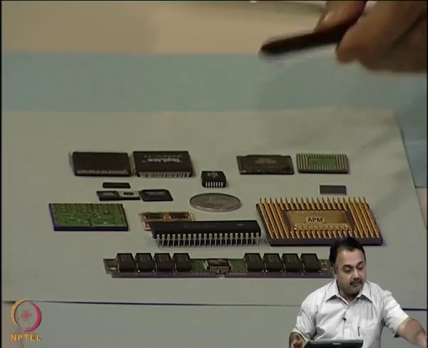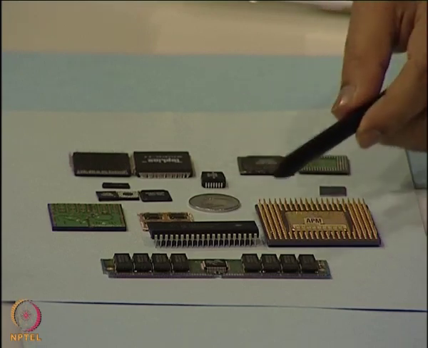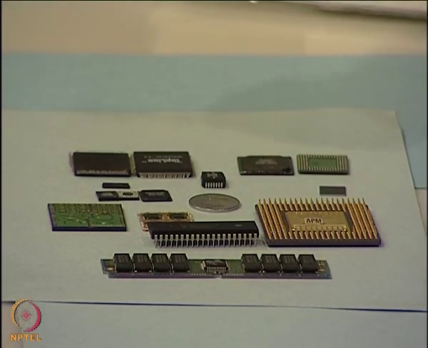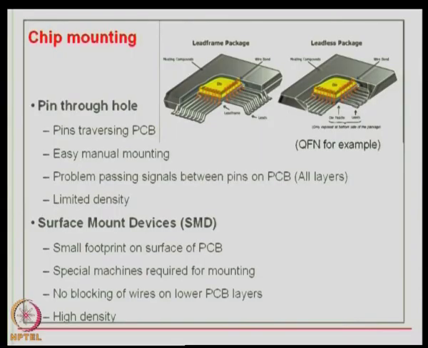You can mount it on a printed wiring board for which the holes have been manufactured, and you can use your bare hand to simply insert the device into the system level printed wiring board.